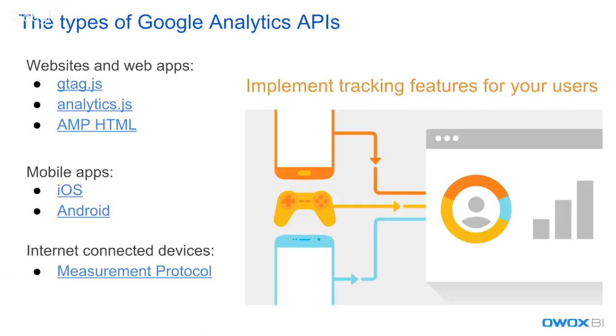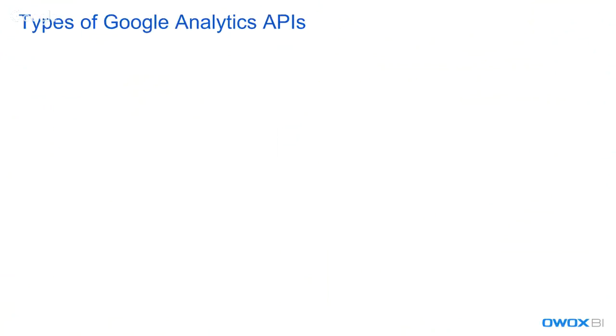For example, if you have some offline stores with cash machines and you want to send information from those machines to your Google Analytics account, you can easily create an HTTP request and any information will be sent to Google Analytics. So it's a very helpful tool for many companies.